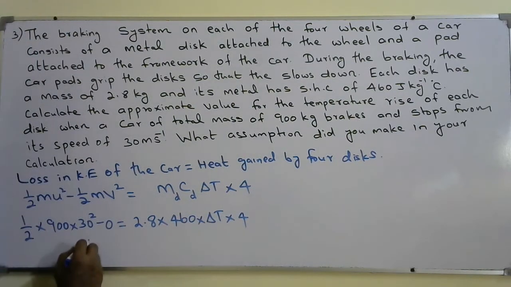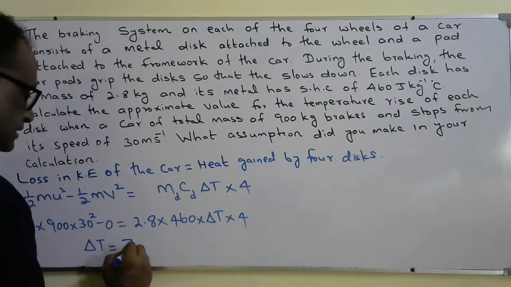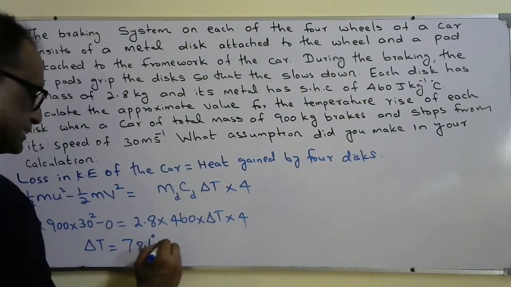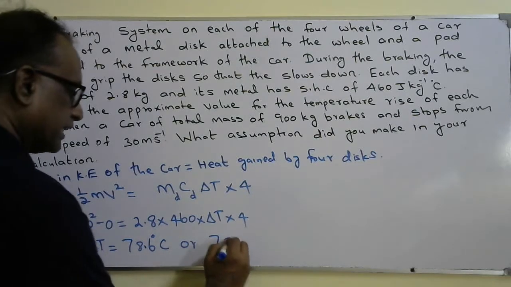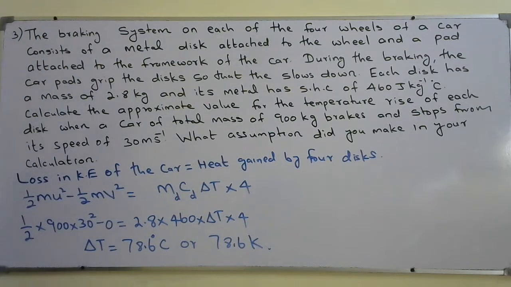So find delta T. That's the only unknown. You will get 78.6 degrees Celsius or 78.6 Kelvin. The change in temperature is the same in both units.